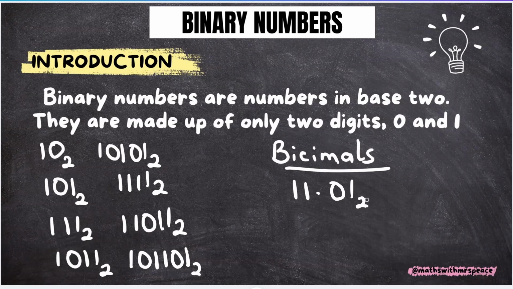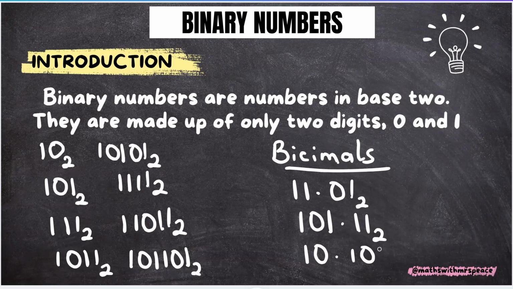This is a binary fraction. Another example can be 101.11 in base 2. And we can also have 10.101 base 2, and there can be more examples, but let's stop here for now.